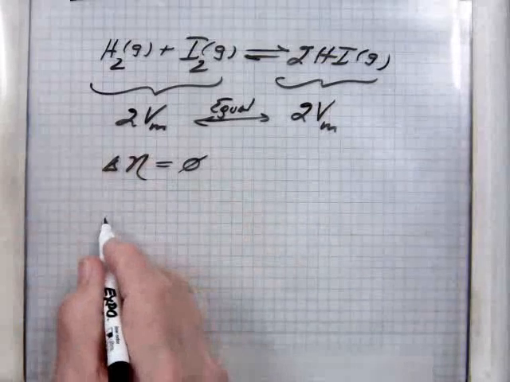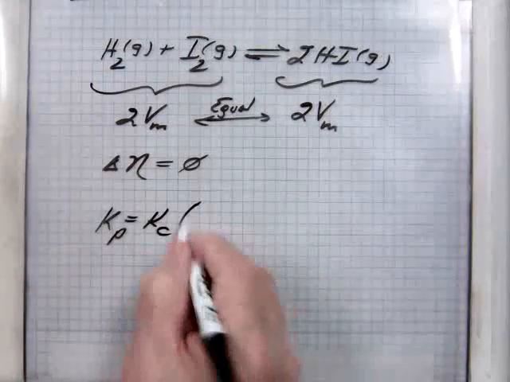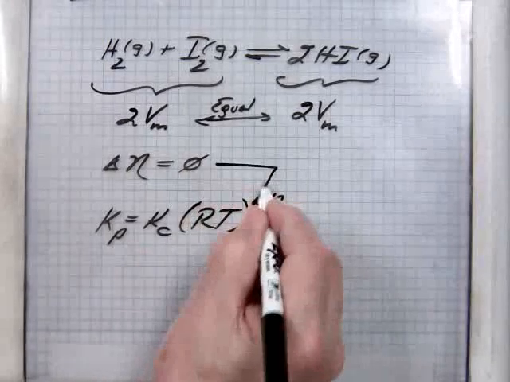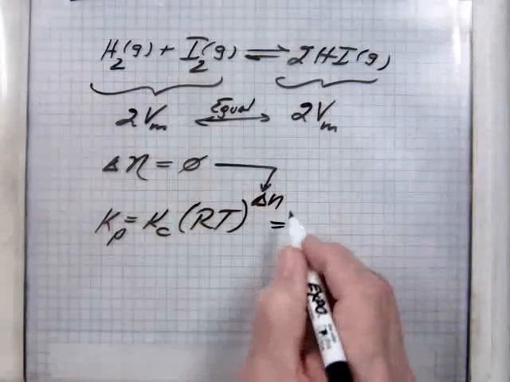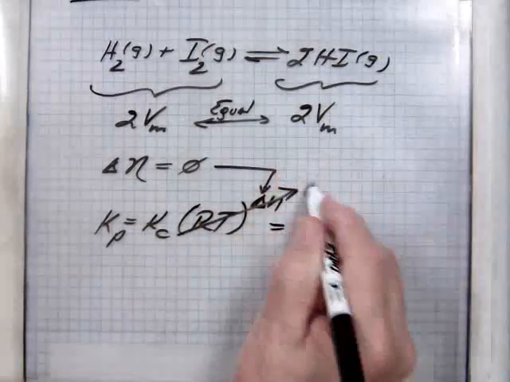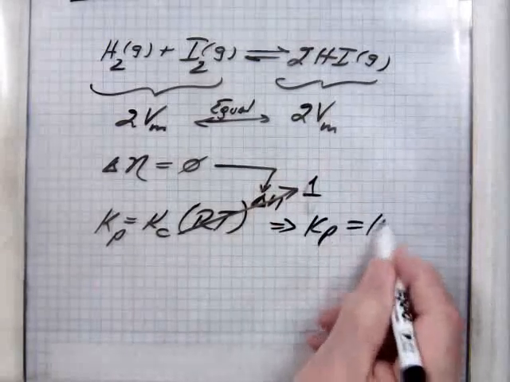So if you want to write Kp equals Kc RT to the delta n, what would delta n be? 0. And so if that's the case, then this term goes to 1 and Kp equals Kc.